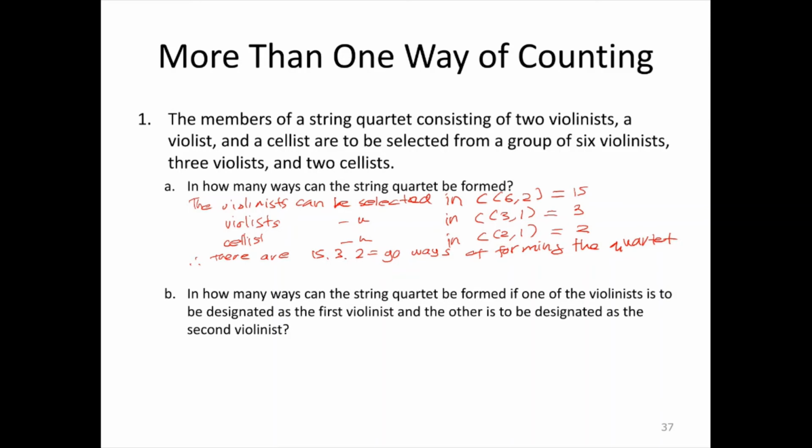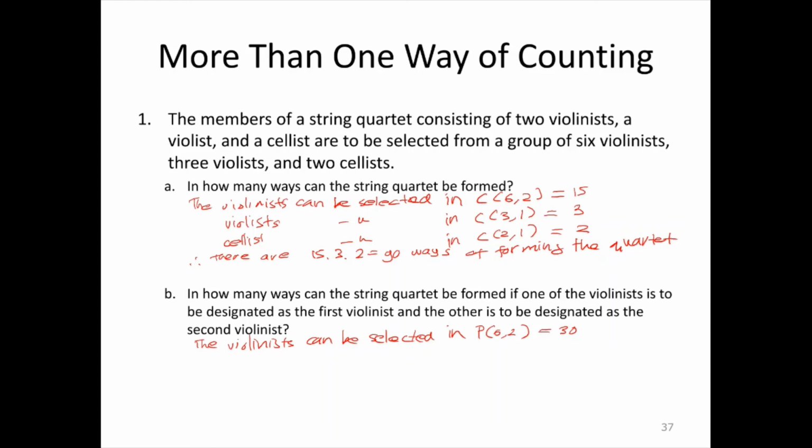Okay, so now the violinists can be selected in how many ways? This is not a combination anymore, because order is important. So now it's P(6,2), sorry, and this is equal to 30. Right? What about the others?